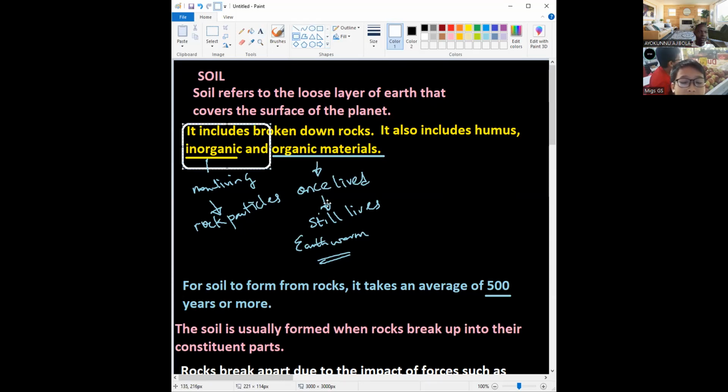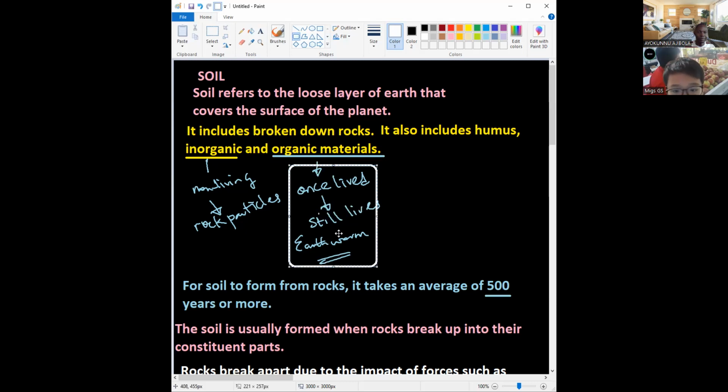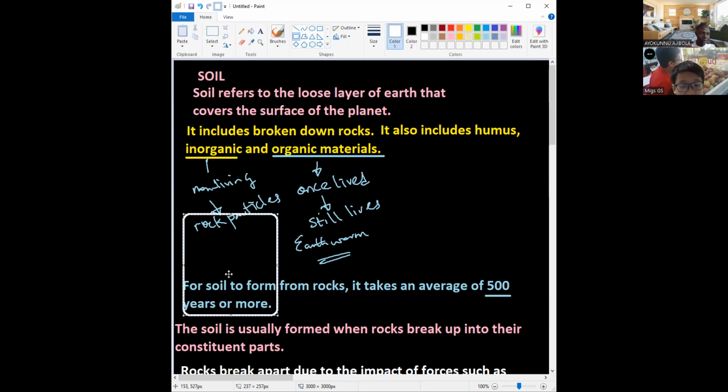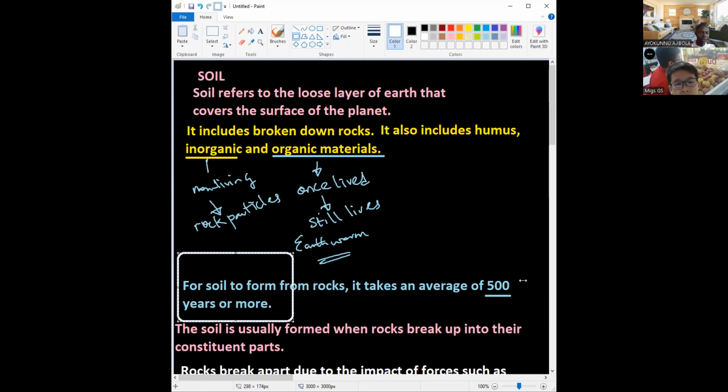So what are organic materials? Things that once lived or still live. Earthworm is an example. So what are inorganic materials? Non-living. Examples are rock particles.